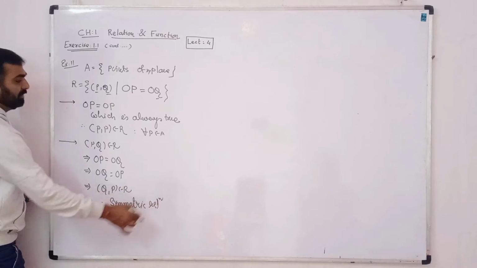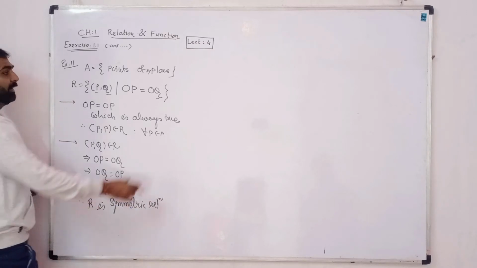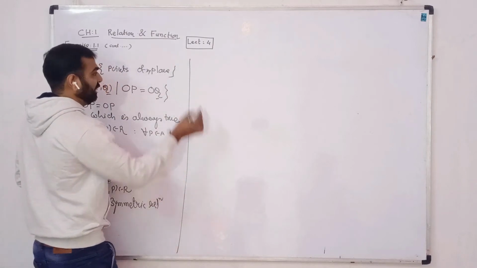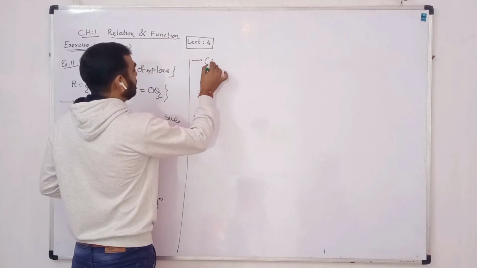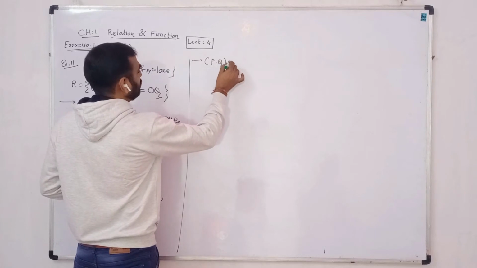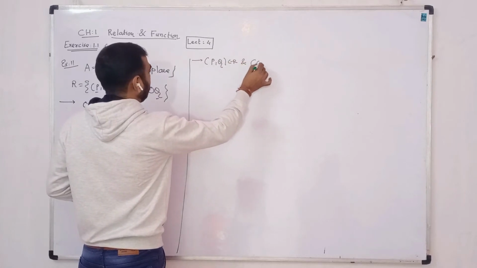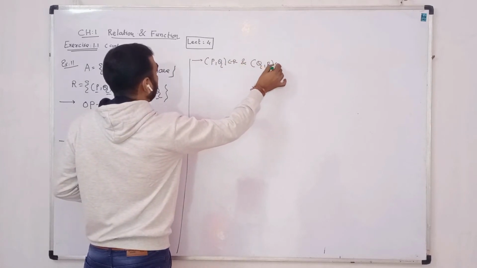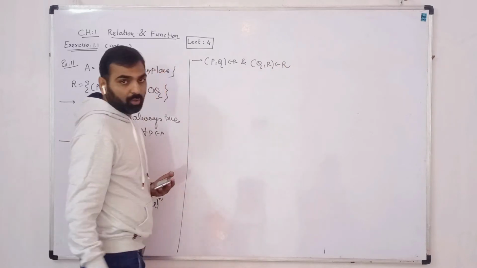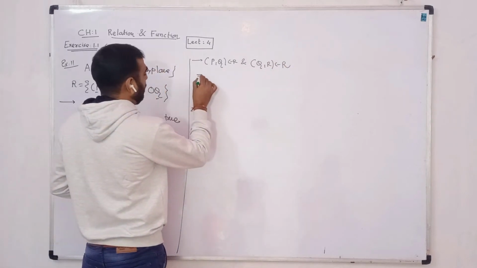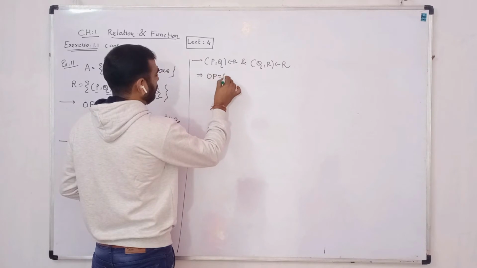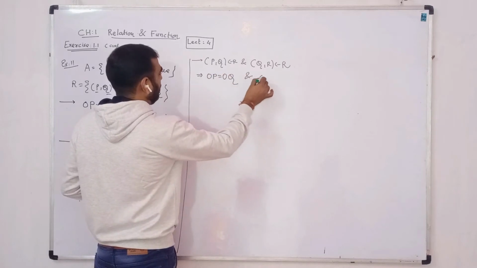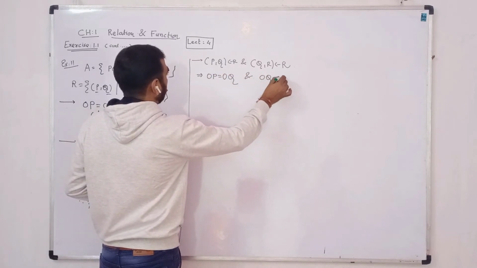Now for transitive, consider two conditions: (P, Q) belongs to R and (Q, R) belongs to R. PQ means OP is equal to OQ. QR means OQ is equal to OR.